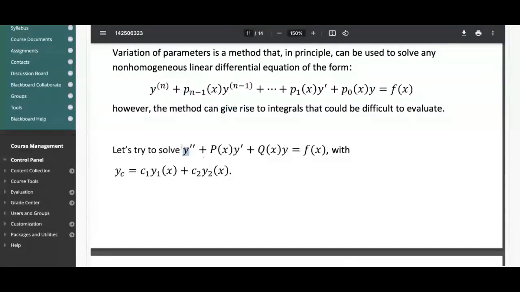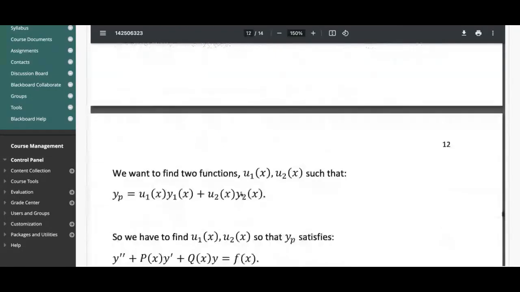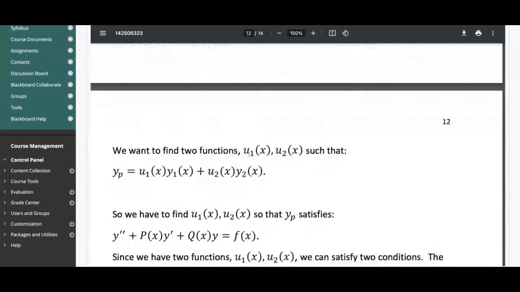Let's see this one. We have y double prime plus polynomial of x, y prime plus polynomial of x, y equals f of x, with a complementary solution c1 y1 of x plus c2 y2 of x. We want to find two functions, u1 of x and u2 of x, such that a particular solution would be u1 of x y1 of x plus u2 of x y2 of x.